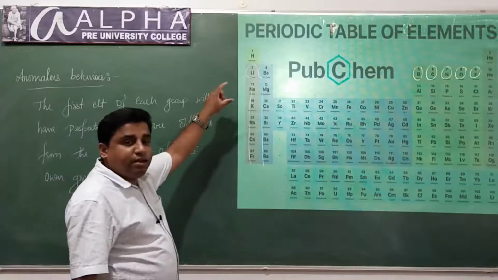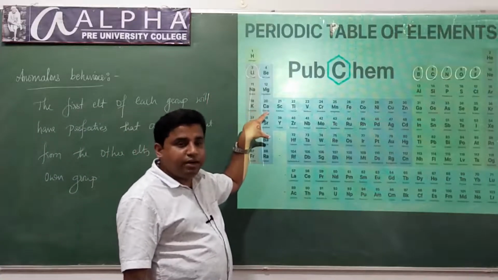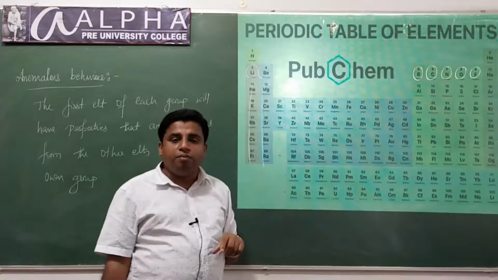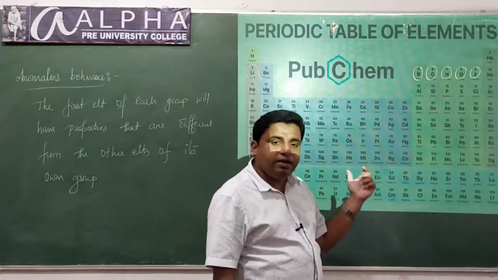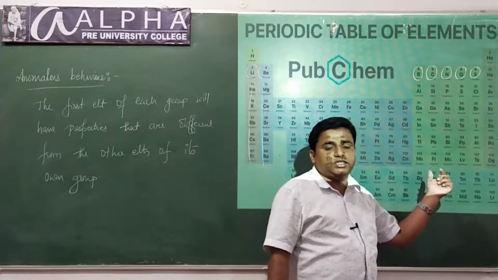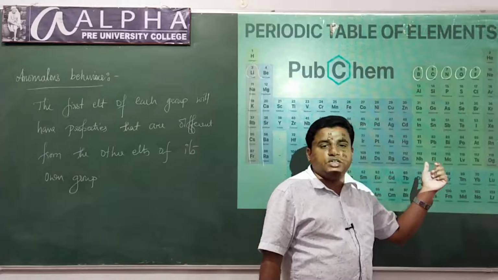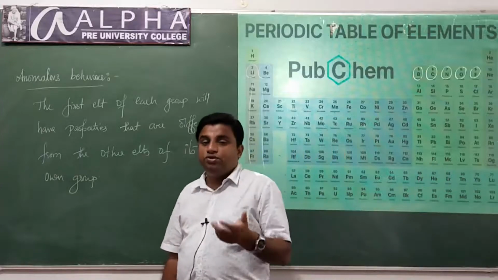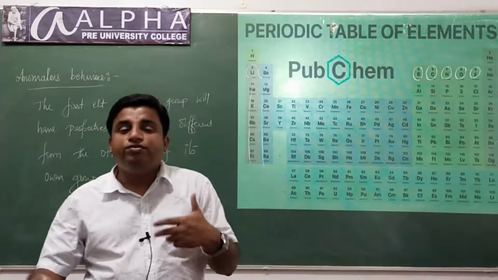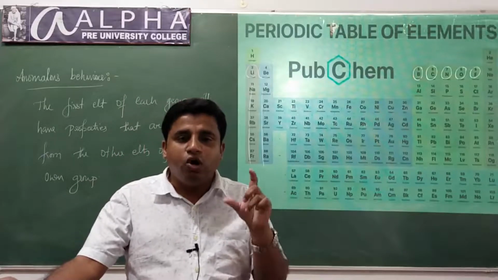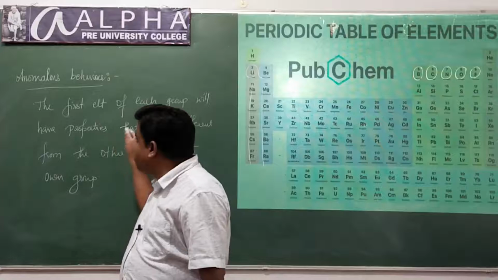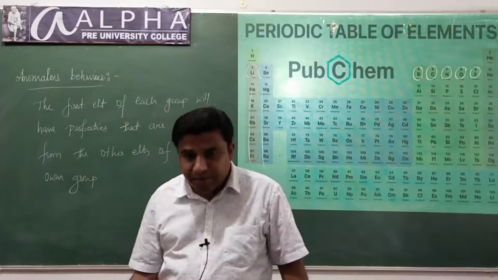So lithium shows anomalous behavior in alkali metals, beryllium in alkaline earth metals, boron in the boron family, carbon in the carbon family, nitrogen in the nitrogen family, oxygen in the oxygen family, and fluorine in the fluorine family will show different properties from the other elements of their own group. What do you call this property? This property is called anomalous behavior.